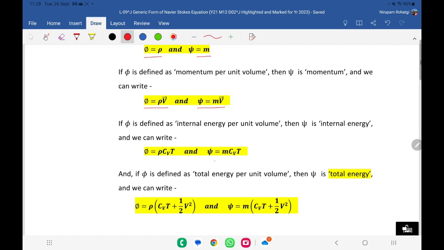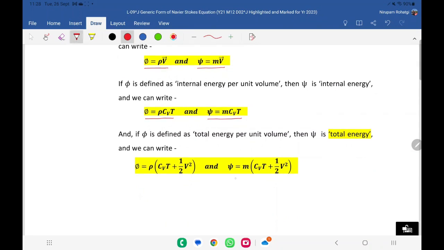Similarly, if psi is equal to thermal energy, m C_v T, phi will become energy density. And if we talk about psi as total energy, C_v T plus half v squared, so kinetic energy also we are adding here. This is the kinetic energy, and this is your thermal energy. We are adding both, so it becomes the total energy. Then phi will become the specific total energy.